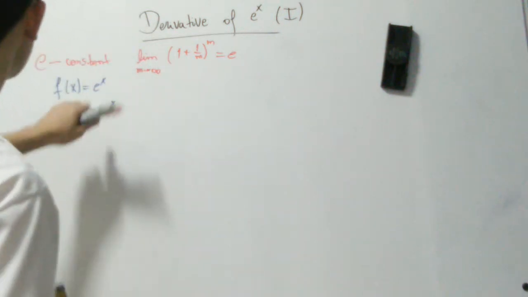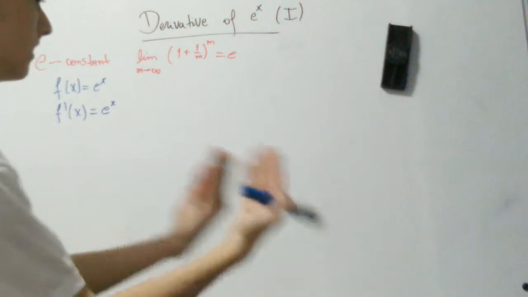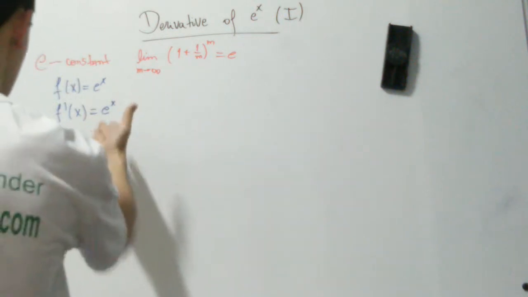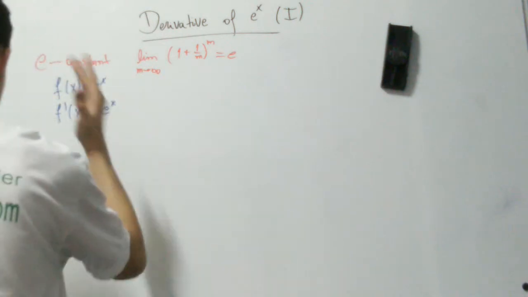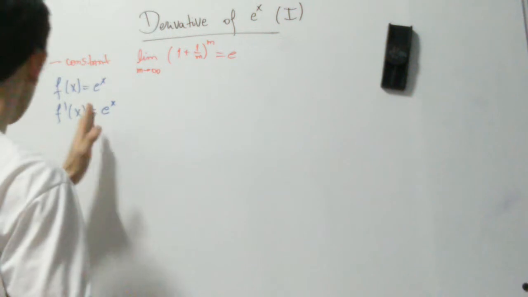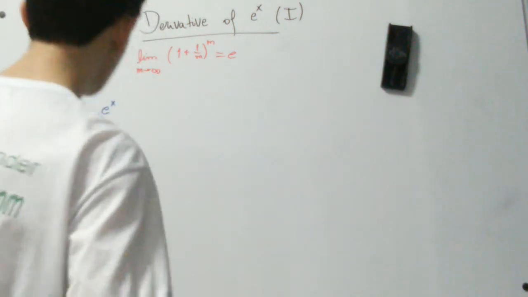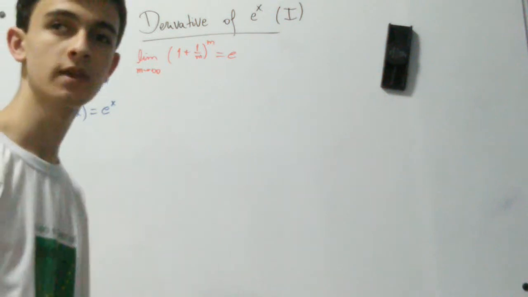So if you have e to the x and you take the derivative with respect to x, you obtain e to the x. If you integrate this function, we have again e to the x. So the derivative of e to the x is e to the x. It doesn't change. Take the derivative, you can continue, it's always going to be e to the x. And we're going to prove that this is true.